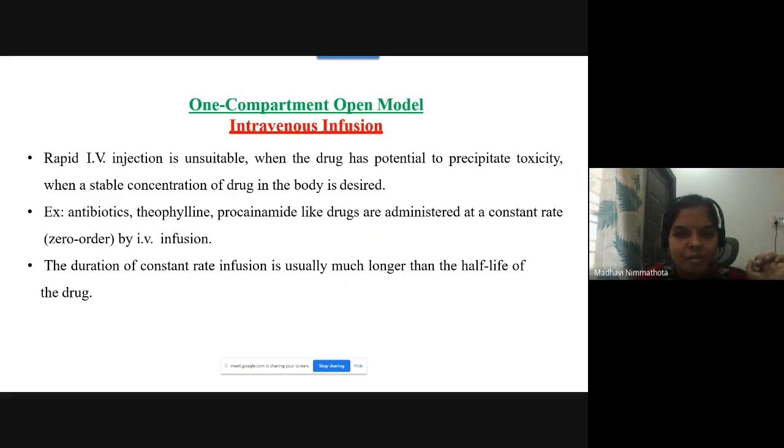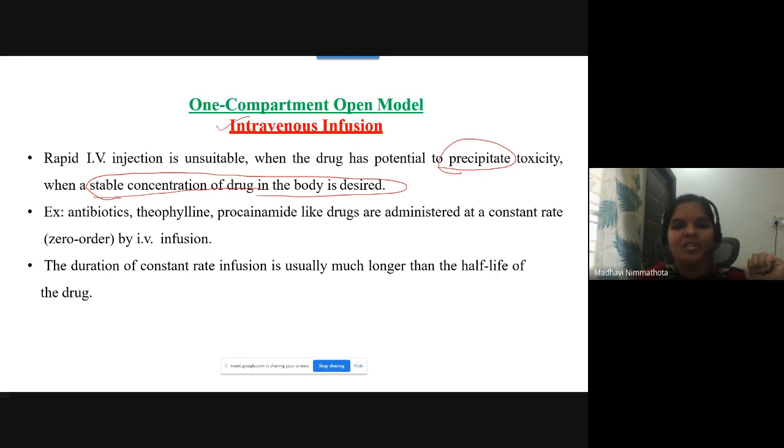One compartment open model, intravenous infusion. Which type of molecules will be suitable to transport through this pathway? Generally, drugs that show some precipitation, and drugs for which a stable concentration in the body is desired, will not be passed through this infusion.